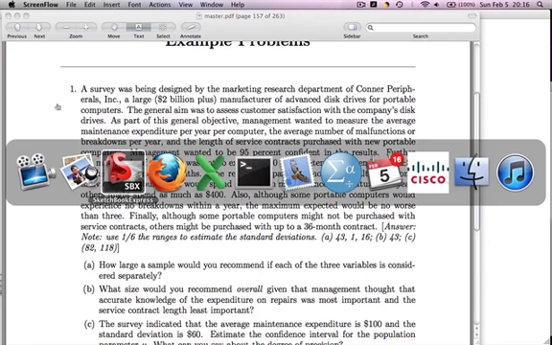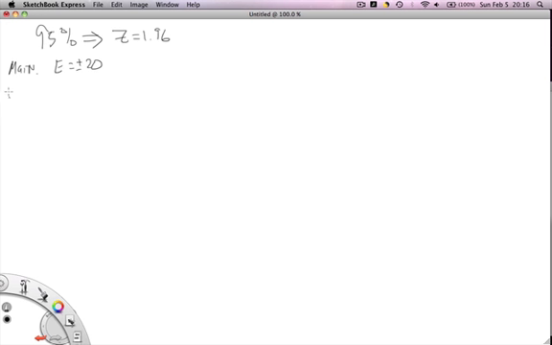So here's malfunctions, and that was an E of plus or minus 1, and then the contract had an E of plus or minus 3 months. So those were dollars, and I think this is months.